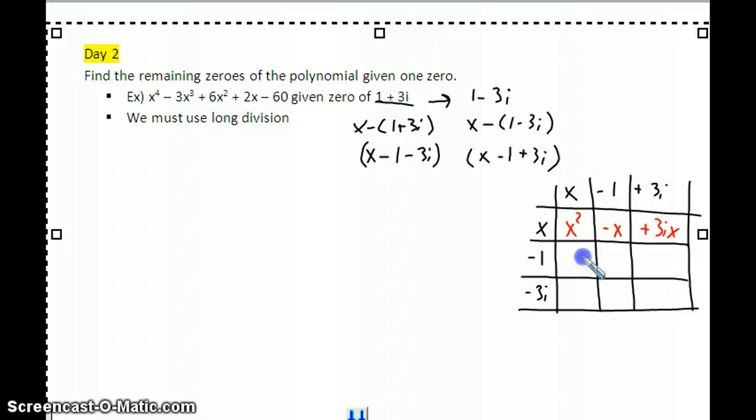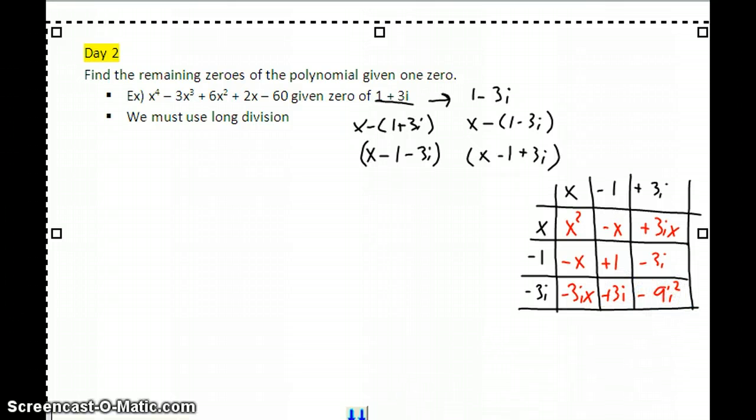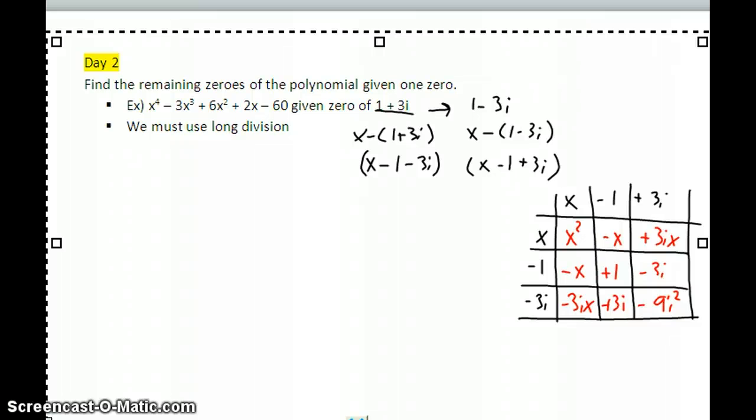I'm going to get negative x, positive 1, negative 3i, negative 3ix, positive 3i, and negative 9i squared. Now more than likely your like terms are going to be on the diagonal, like so. Those are like terms, these two are like terms, and also these two are like terms because negative 9i squared is the same as a positive 9.